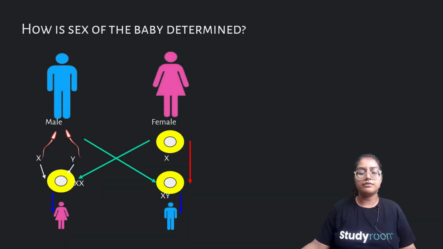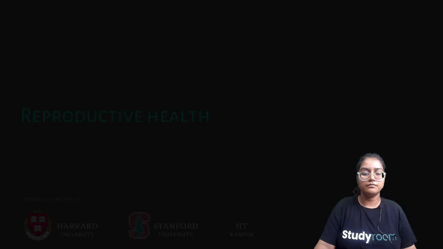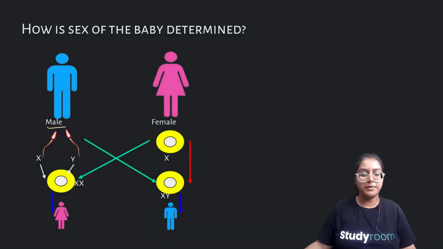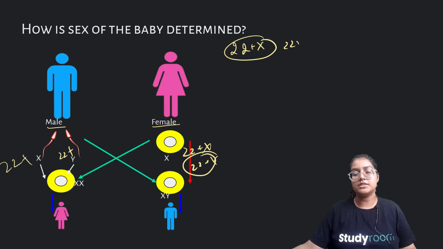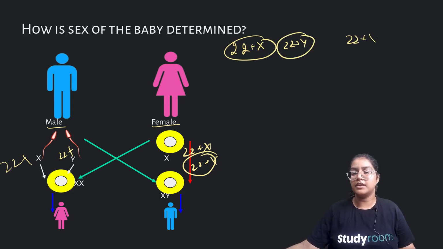So how is the sex of the baby determined? We have male, we have female. The male releases gametes 22 plus X and 22 plus Y. In females, you have to consider 22 plus X and 22 plus X. For simpler understanding, you have to see that the male makes these two gametes, and the female makes these two gametes.